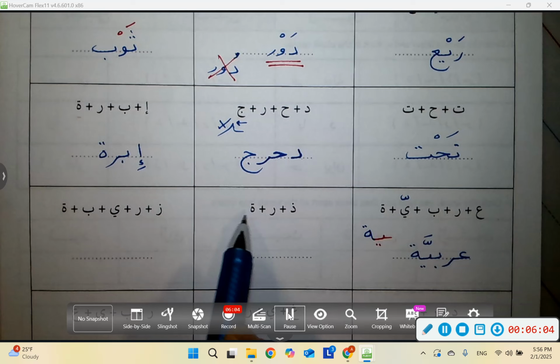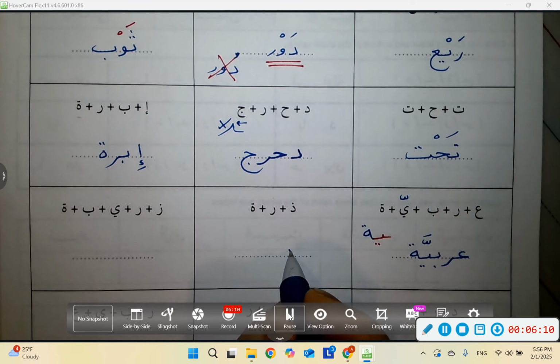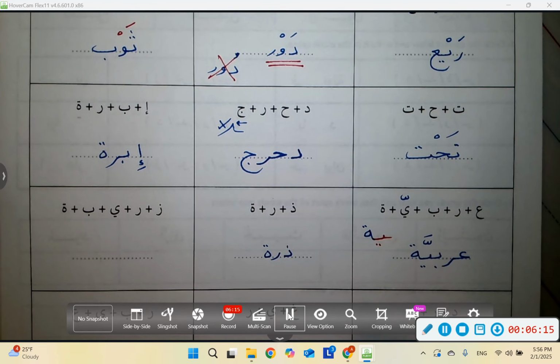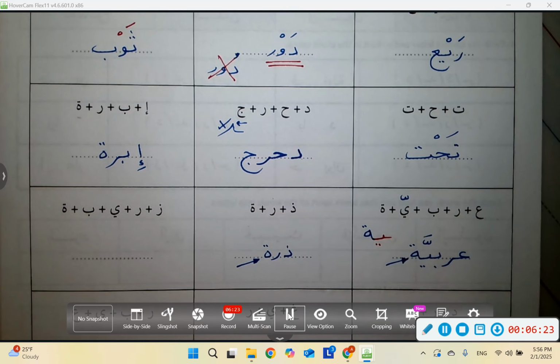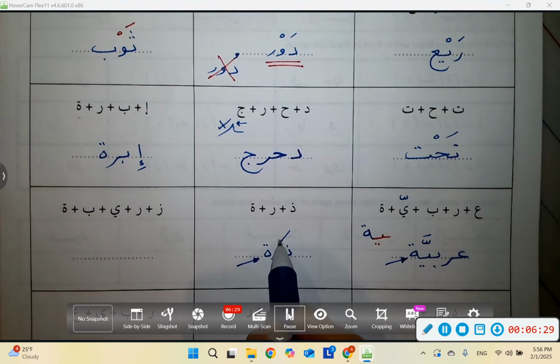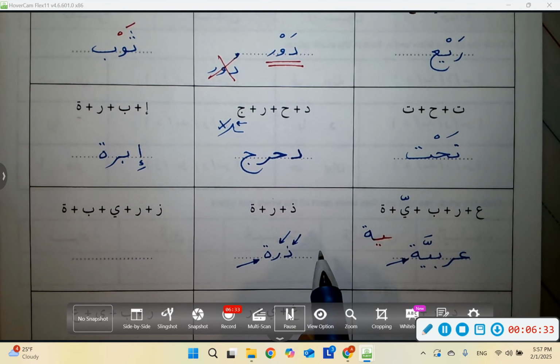When it's not connected, like here, because ra cannot connect to the ta marbuta, then we write it like this. So this is ta marbuta connected. This is ta marbuta not connected. And all that because of the ra, it doesn't connect to the next letter.